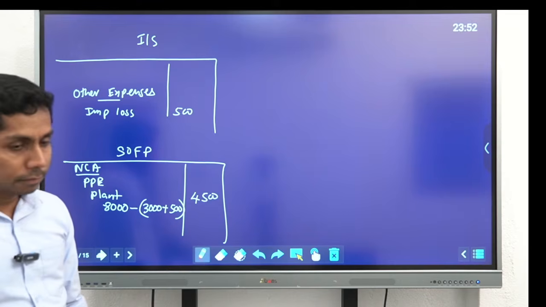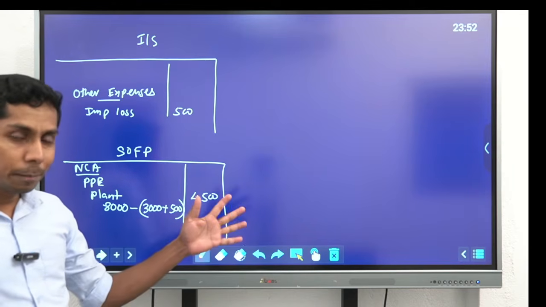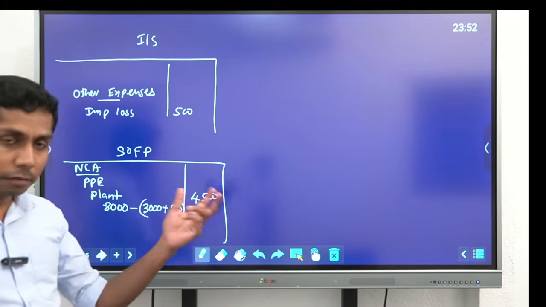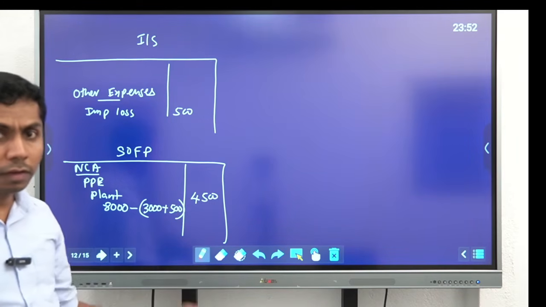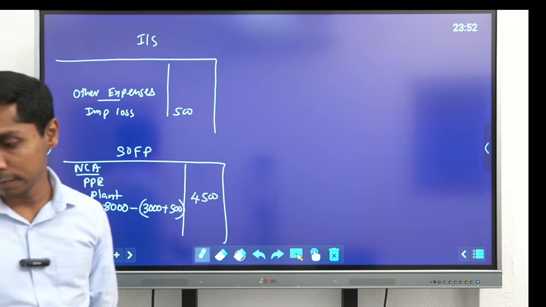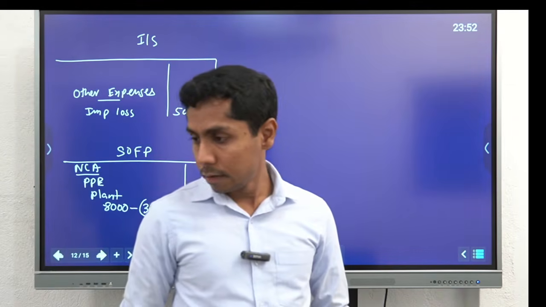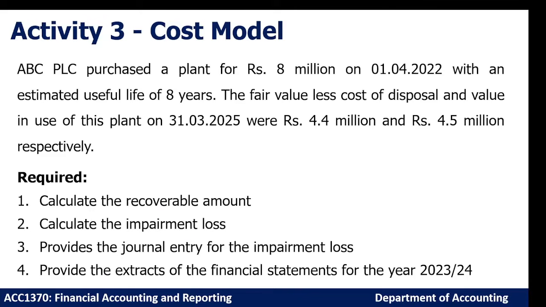Right. Now if you want to depreciate this after the impairment loss, it should be based on the new carrying amount, new recoverable amount. Right. There is an error here, Lamai. The year should be 24-25, right?